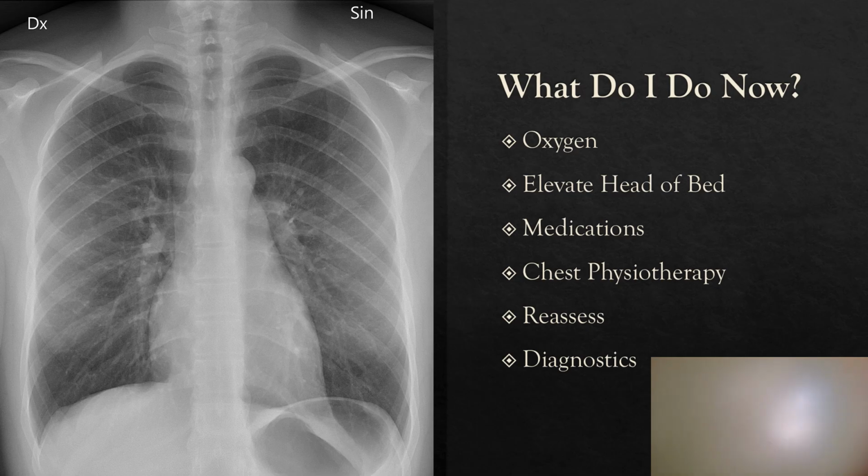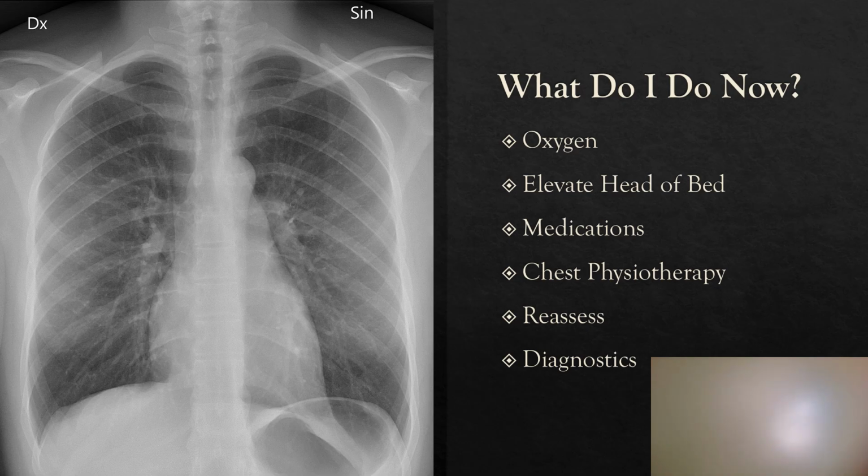This is where we do some vibration or percussion on the chest to help loosen mucus. And then we do some postural drainage by turning them from one side to the other to help move that mucus around so they're able to cough and expectorate it.